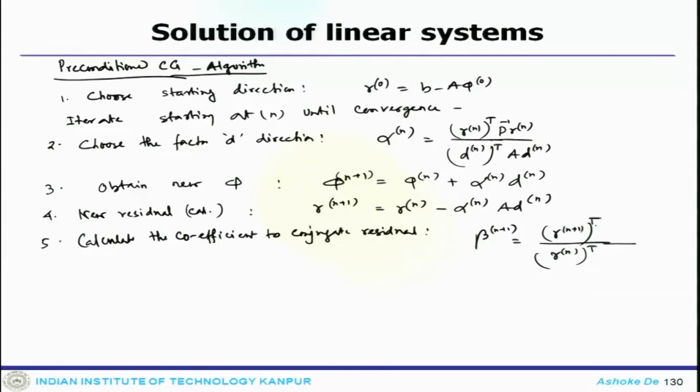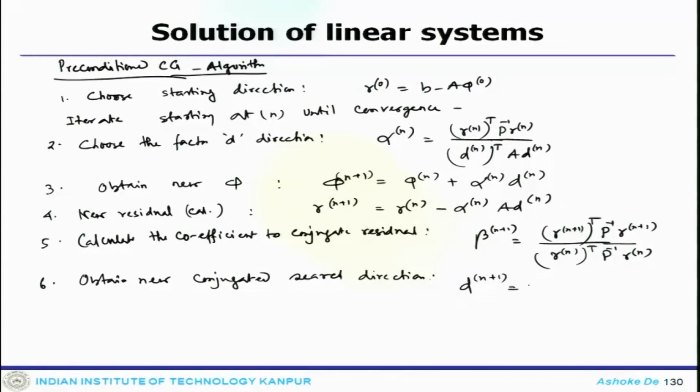Here you get P inverse R n plus 1, and here you get P inverse R n, and then you finally obtain the new conjugated search direction, where d n plus 1 is P inverse R n plus 1 plus beta n plus 1 d n.